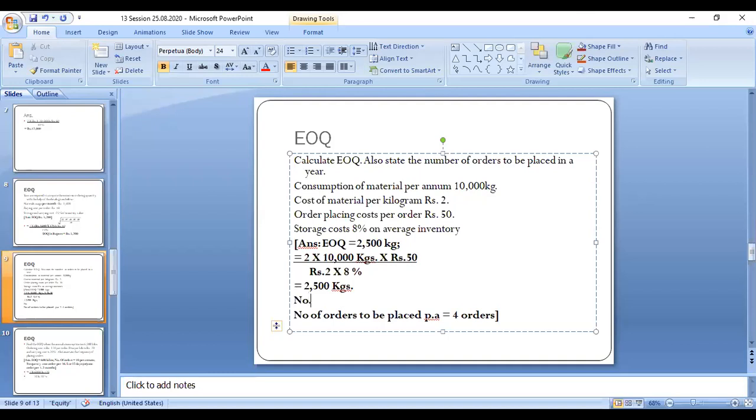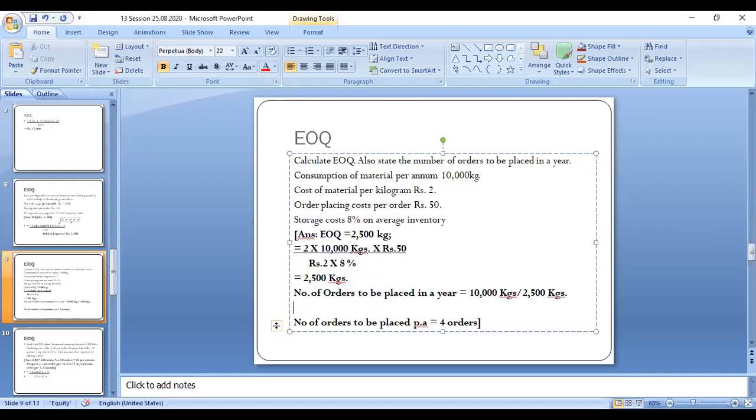Annual requirements of 10,000 kgs divided by our EOQ of 2,500 kilograms per order. So the number of orders to be placed is 4.